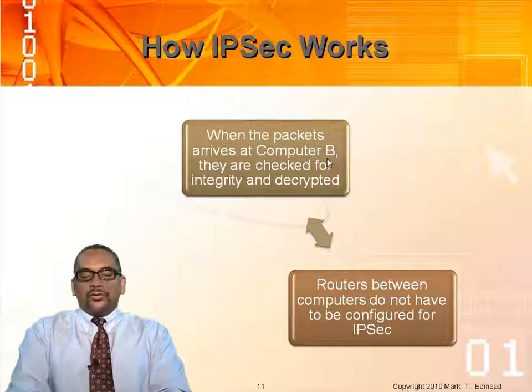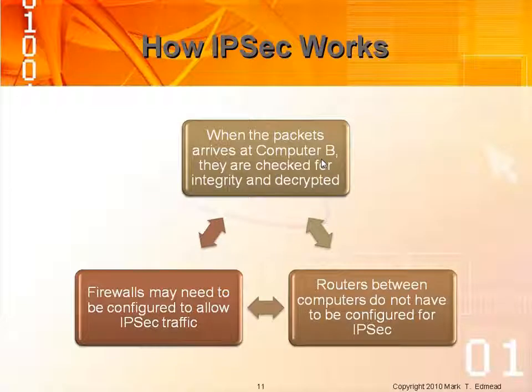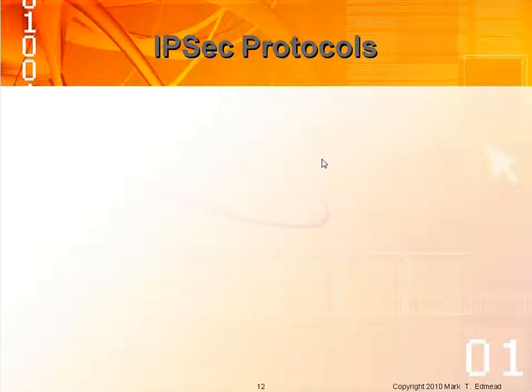So routers between the computers do not need to have the configuration set for IPSec. It really doesn't matter because the routers are only going to route the data. They don't really care about IPSec. But firewalls may need to be configured to allow IPSec traffic, because certain firewalls may be blocking IPSec traffic.